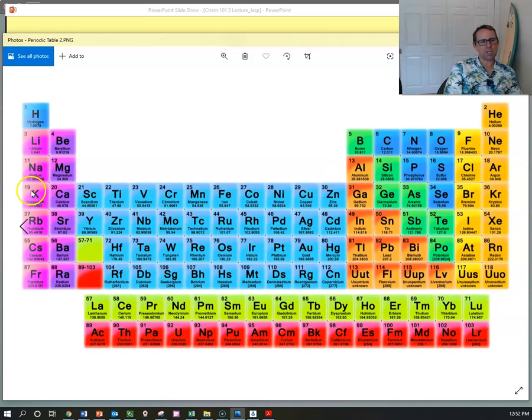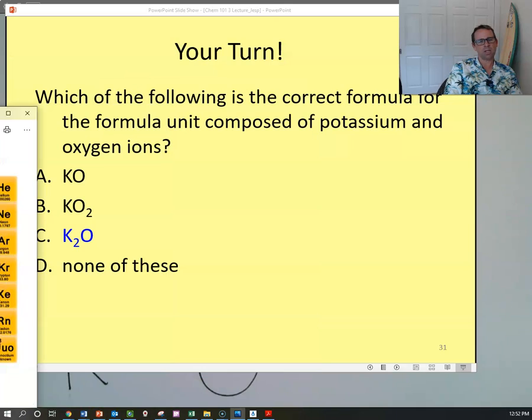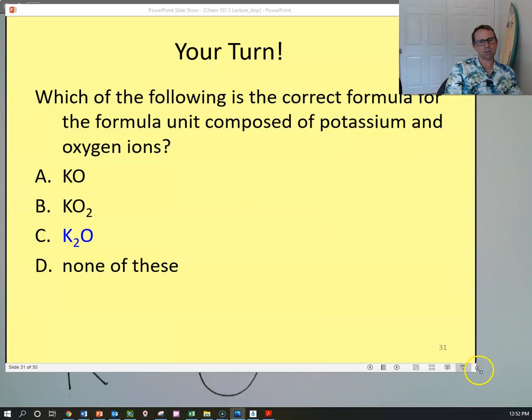So potassium needs to lose an electron to attain a noble gas electron configuration and become like argon. Okay? And oxygen needs to gain 2 electrons because it has 8. It needs to gain 2 electrons to become like neon to attain a noble gas electron configuration.